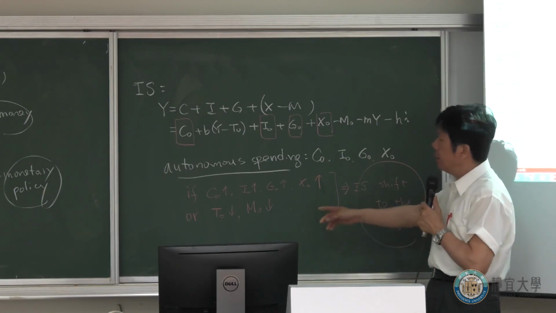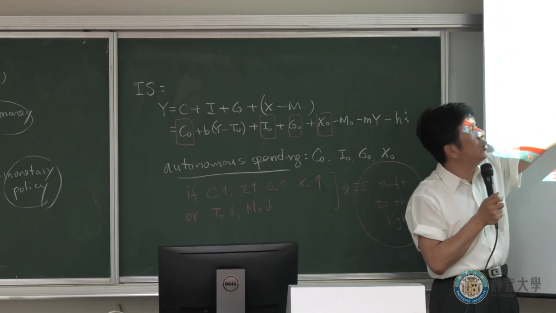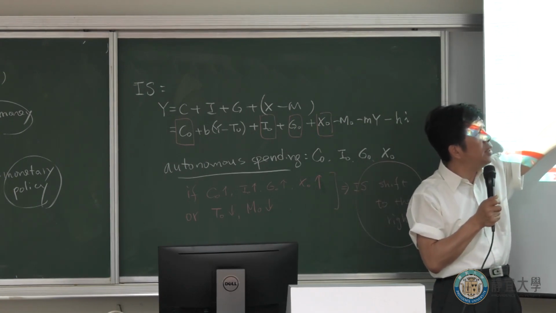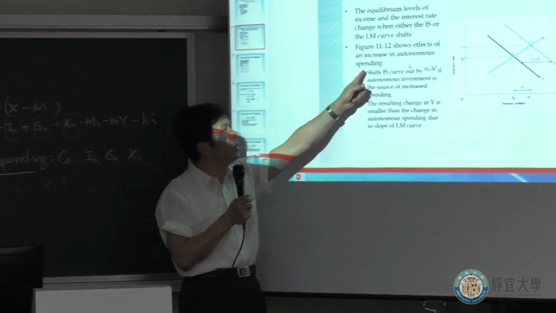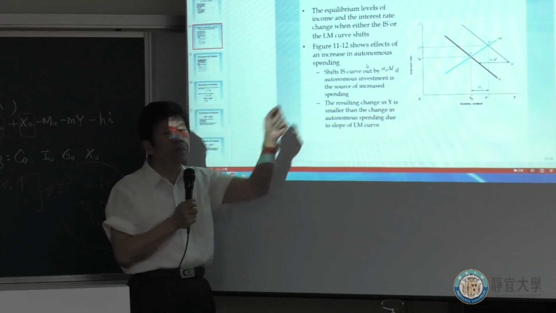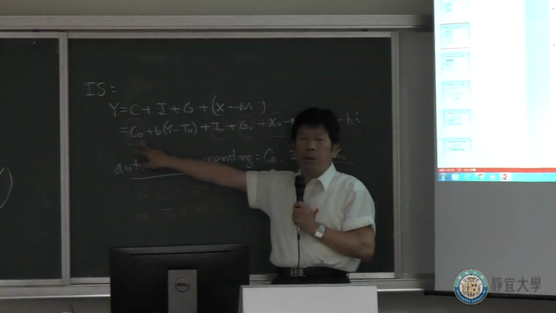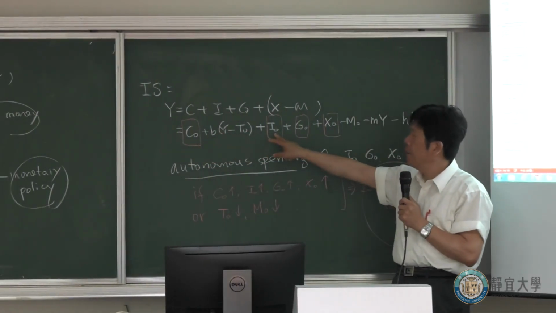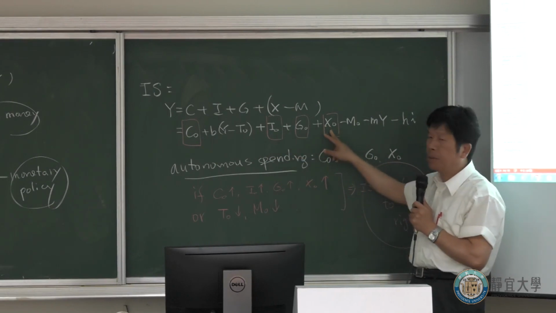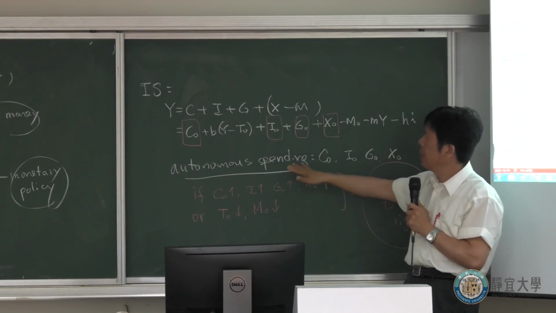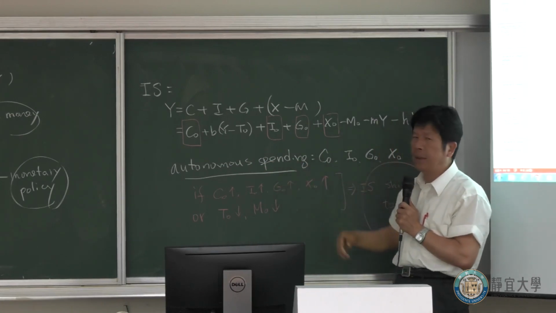You need to remember the effects of an increase in autonomous spending. What is autonomous spending? It includes household consumption, firms' investment, government spending, or exports. These four variables we call autonomous spending.